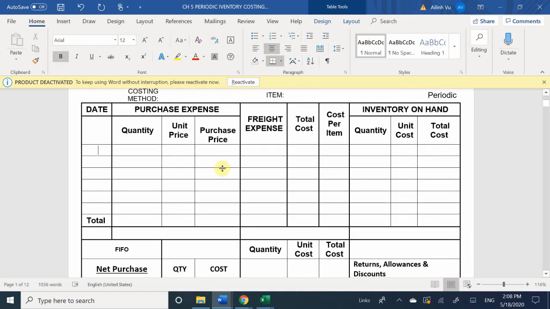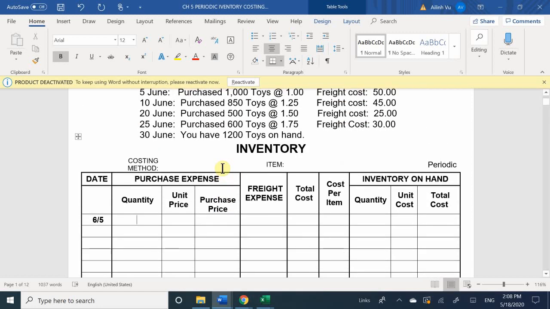So how do I put the date in? 5 June. I'm just gonna do a shortcut like that. Okay. How many toys did I buy? 1,000. How much did it cost me for each item? $1. So what's my total purchase price? 1,000. Ooh, I put 10,000. 1,000.